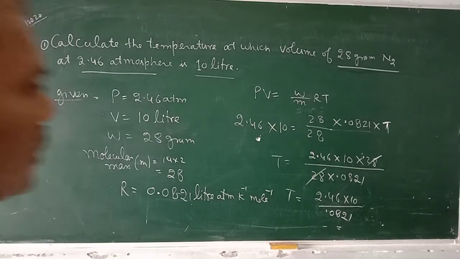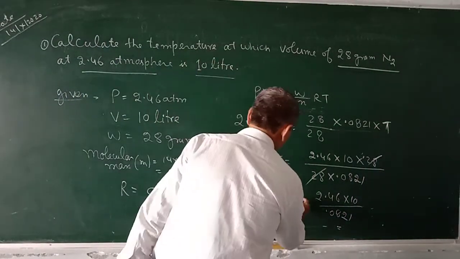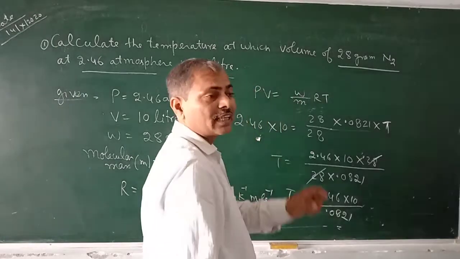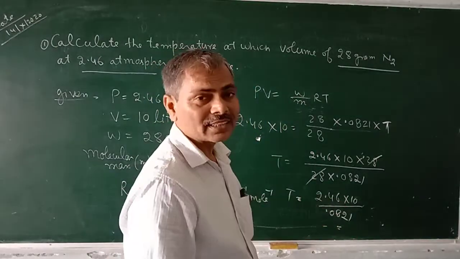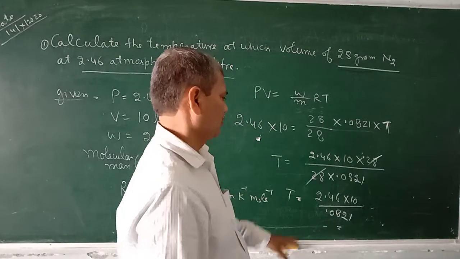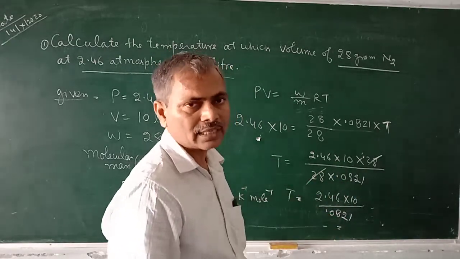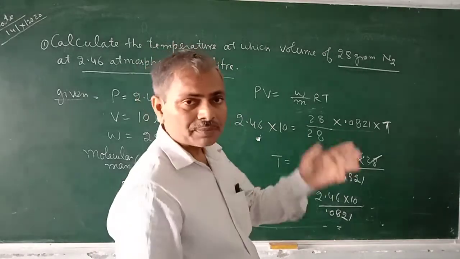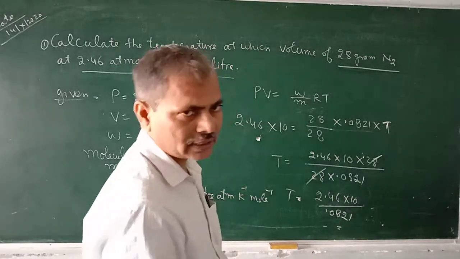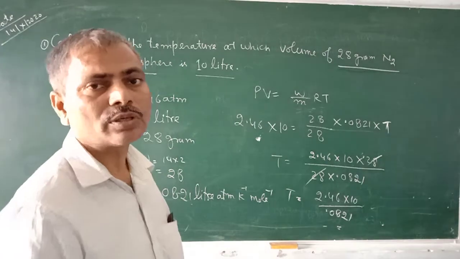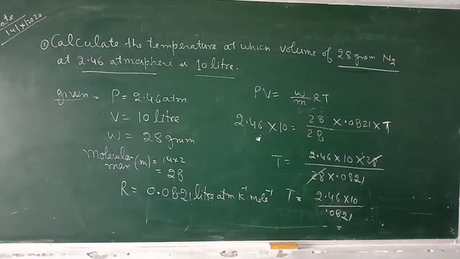The temperature will be in Kelvin, that is 300 Kelvin. You have to subtract 273 from 300, and you will get 27 degrees Celsius, the final answer.